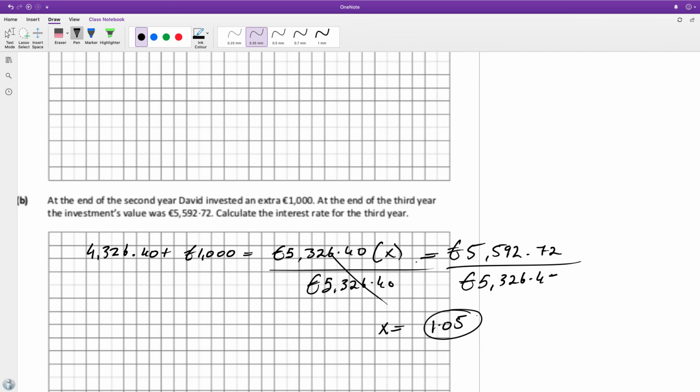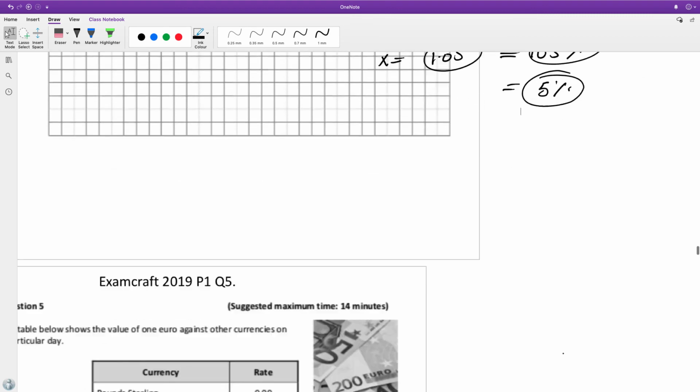So this times that, x equal 1.05. So do you know what that represents as a percentage? What is 1.05? It's a? So what was the increase? 5%. Is that okay? Okay. Right.